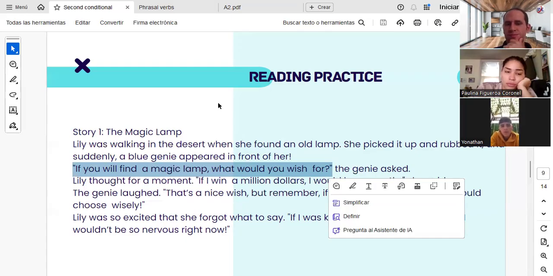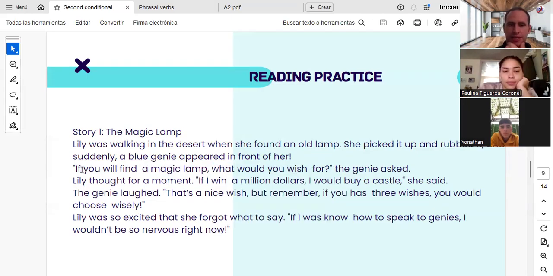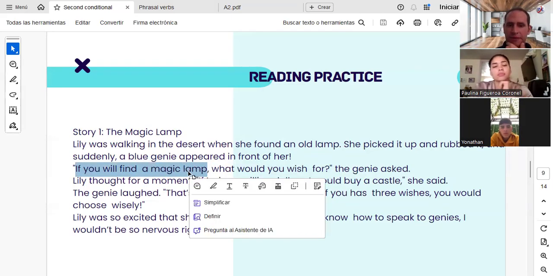Would is correct. Yes, this part is correct. What would you wish for? This is correct. The mistake is here in the if clause.